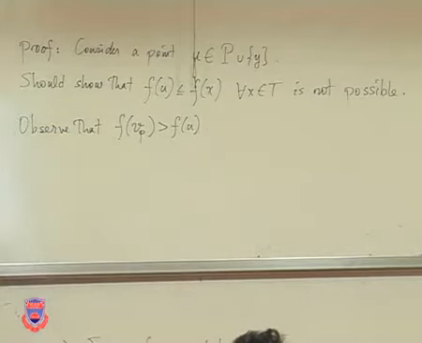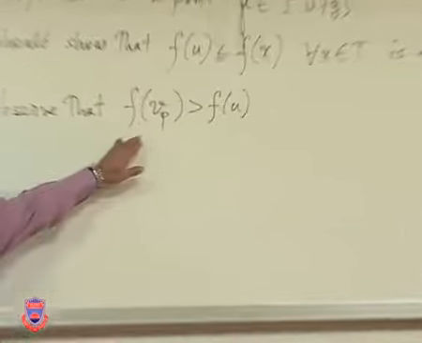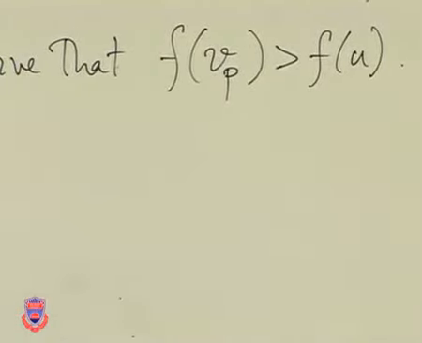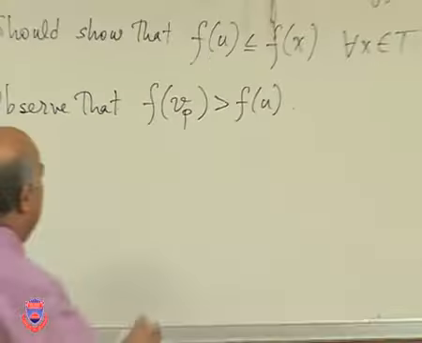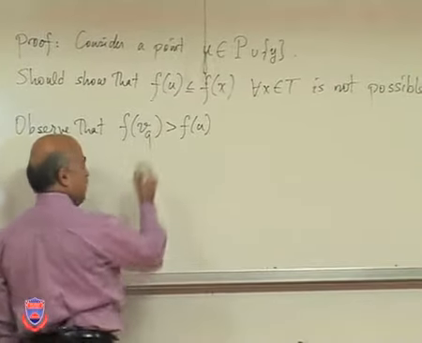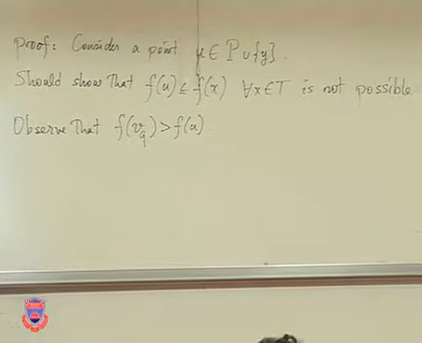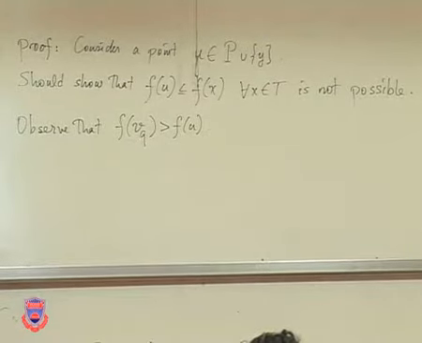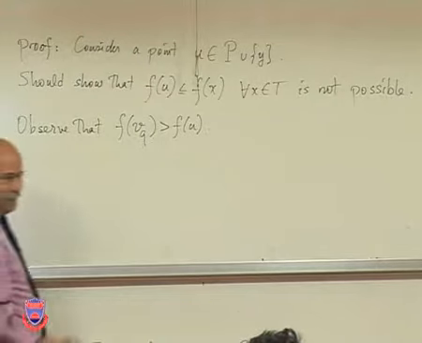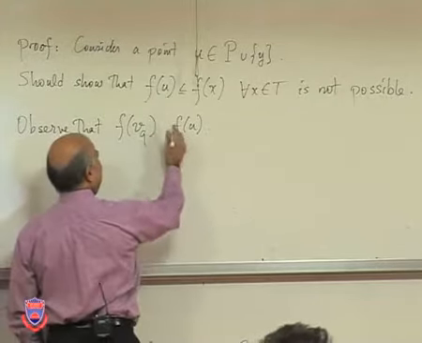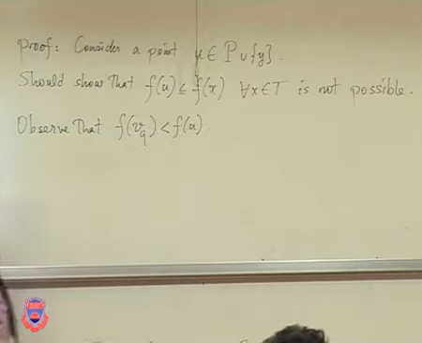Now I just write, observe that f of vp is greater than f of u, but you need to really work it out. So how do you work it out, John? How do you show this? This is immediate, but how do you actually, sorry, q. Sorry, that's q, yes. f of vq is smaller than f of u.